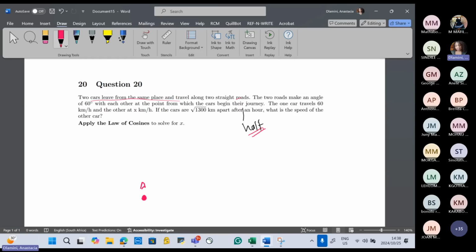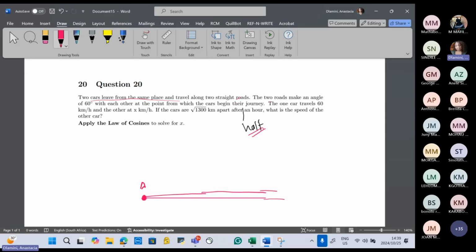So the cars can be traveling next to each other like this. We don't know, for now. They can be moving like this, car 1, car 2. Then what happens?